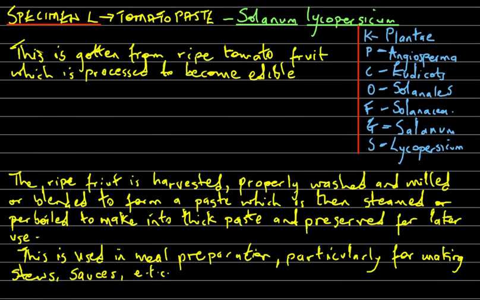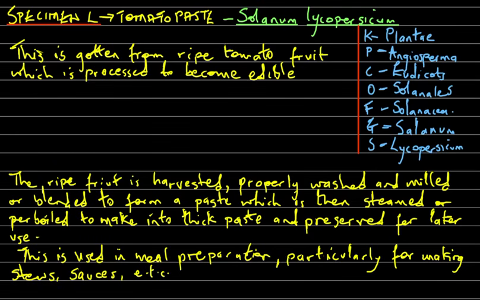Classifying it, the kingdom is Plantae, the phylum is Angiosperma, the class is Eudicots, the order is Solanales, the family is Solanaceae, the genus is Solanum, and the species is lycopersicum. That is why the scientific name is Solanum lycopersicum.